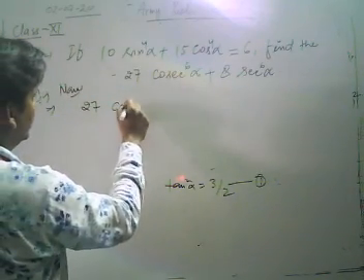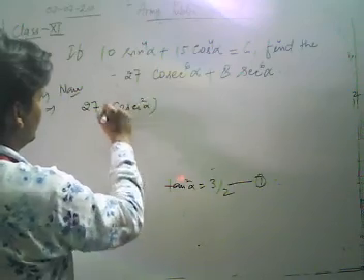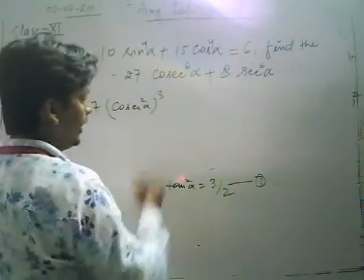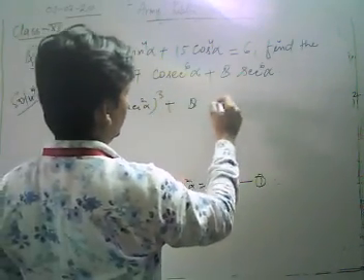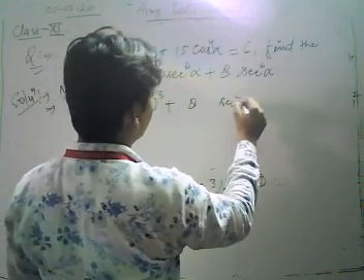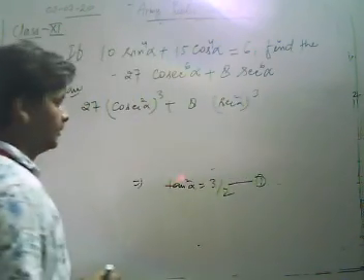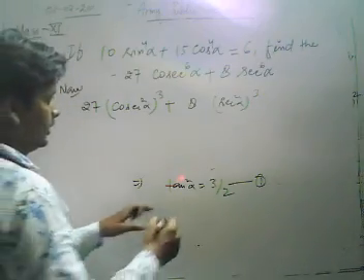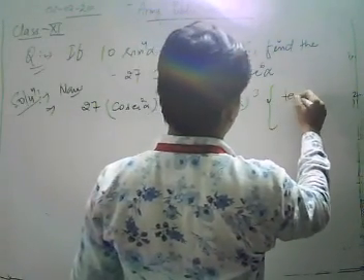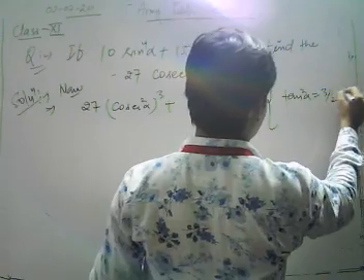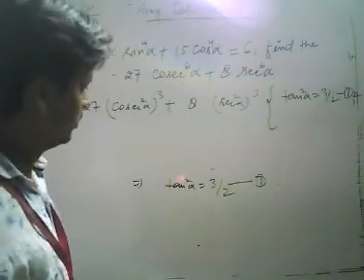We write it as cosec square alpha whole cube, same as here sec square alpha whole cube. And here write the value of tan square alpha is equal to 3 by 2. Take it as equation 1.